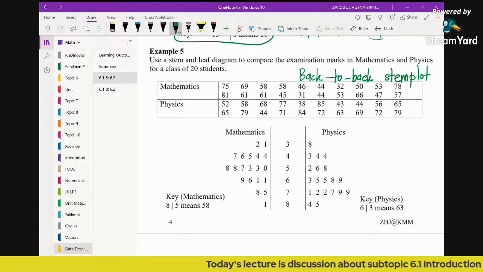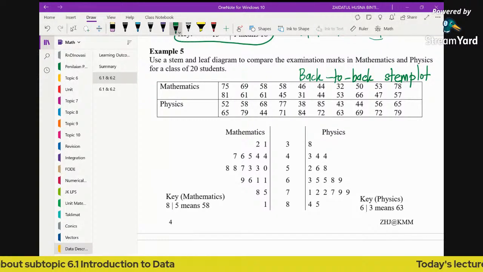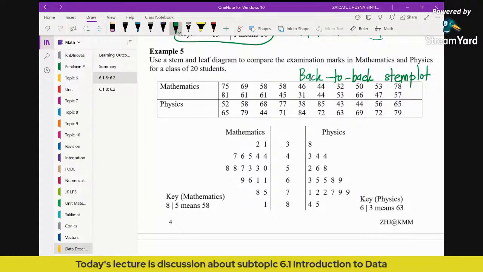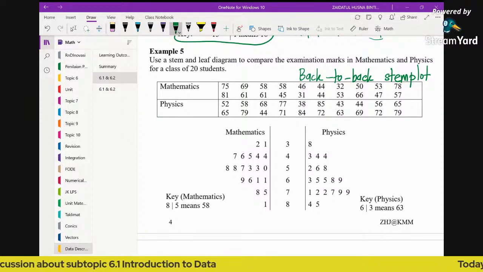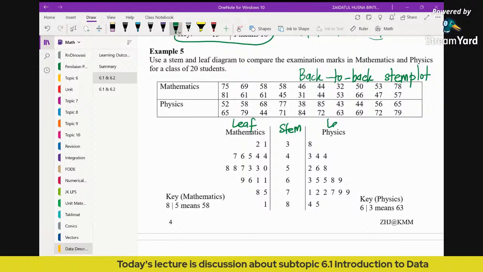For example, if I have two practicums, S12T5 and S12T6, and I want to compare their performance in UPS1, I can do this back to back. You will have a single stem, but two different leaves. So this is your leaf and this is your leaf.